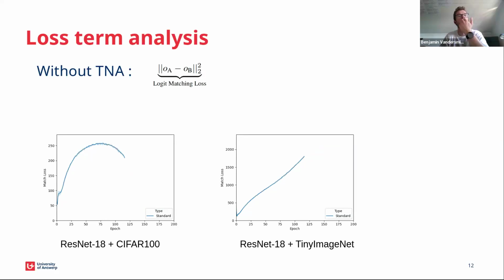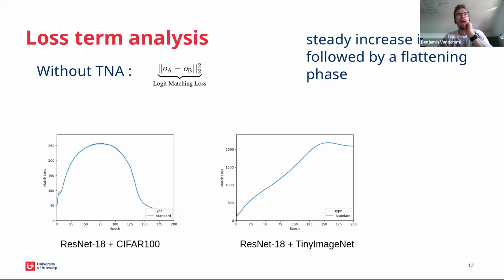And what we can clearly see is that no, there is a significant difference at the end. For ResNet18 on CIFAR100, there is some convergence back to a similar logit between the 2 different networks, while for ResNet18 on TinyImageNet, this is not the case.